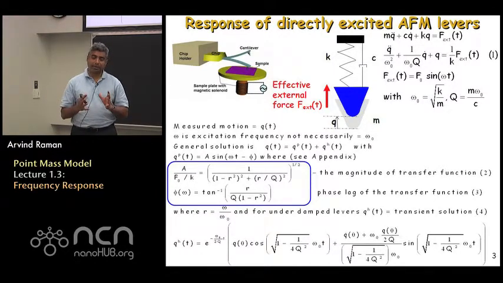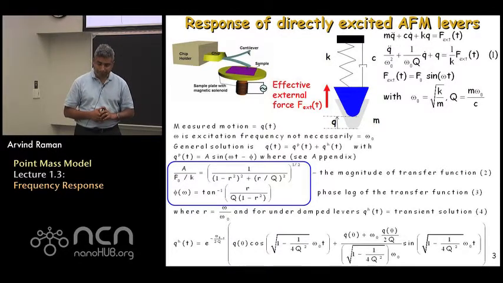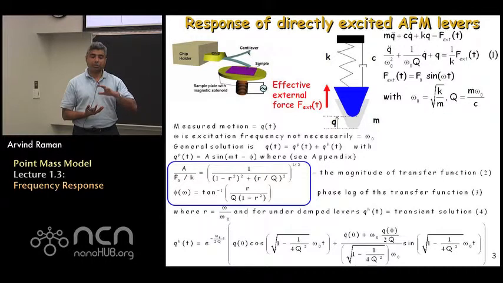And on the right-hand side, we have this quantity R. R is the ratio of the excitation frequency to omega naught, the natural frequency. So we call this quantity the magnitude of the transfer function because it, in a sense, captures how the amplitude of the probe responds to unit input magnitude of force F naught for different frequencies.